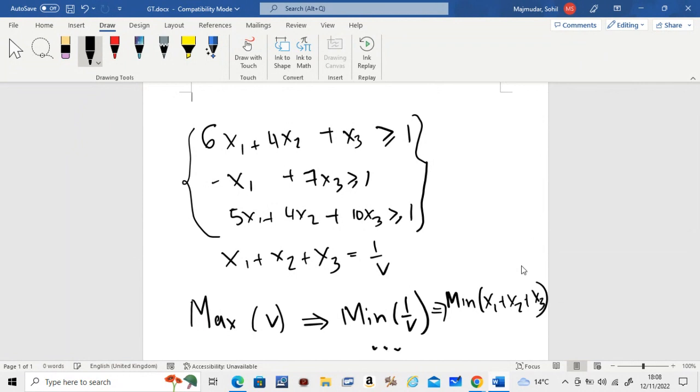Once we do the Excel, you will get x1 equals something, x2 equals something, and x3 equals something. But our main aim is to find P1, P2, P3. So we say P1 over V, P2 over V, and P3 over V, which will give us P1, P2, and P3.